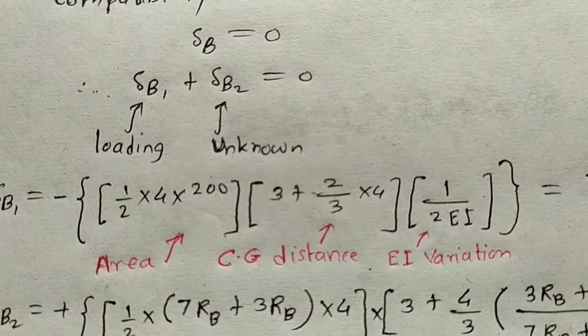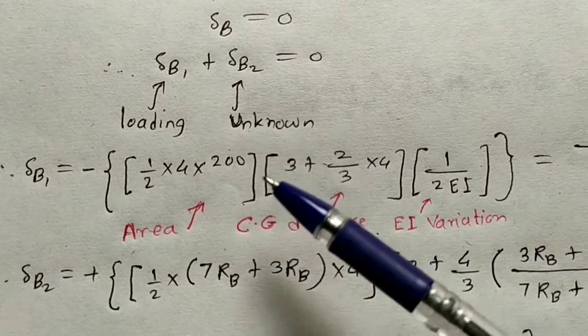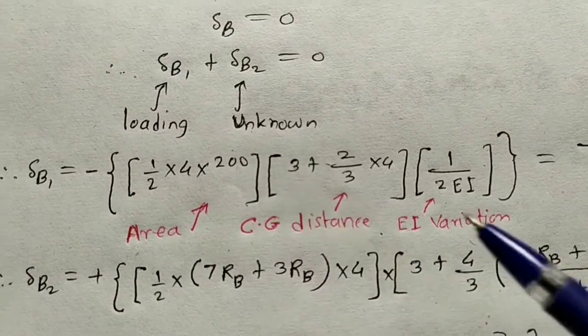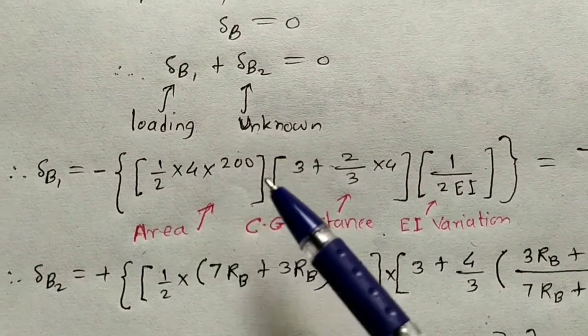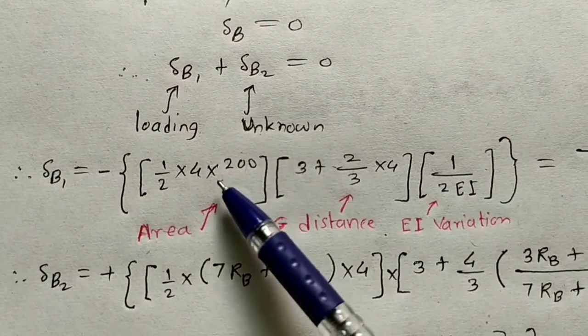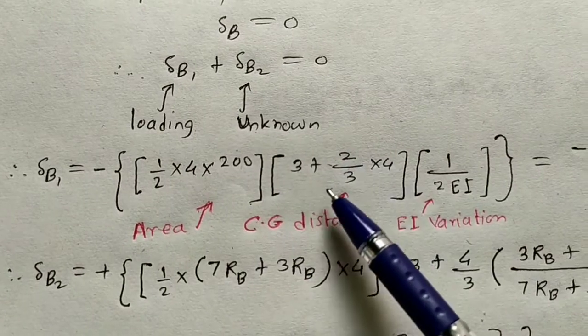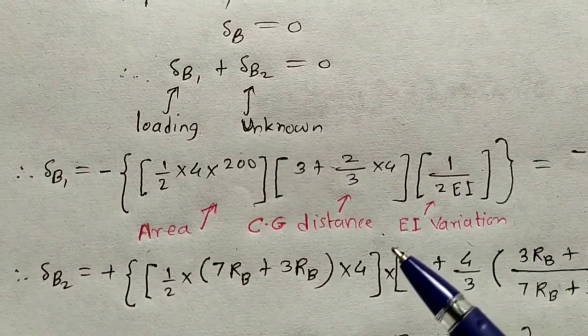point B. So here, to get a moment of area, I am going to consider area multiplied, and you just have to consider three brackets. First bracket is area, second is centroidal distance and third one is the EI variation.